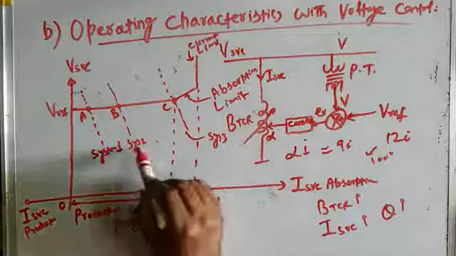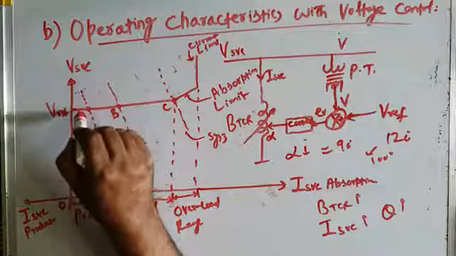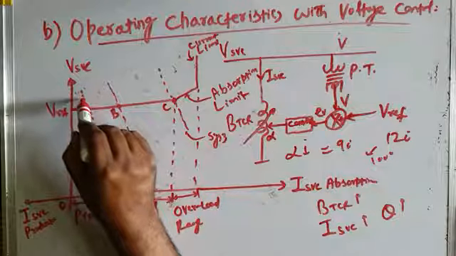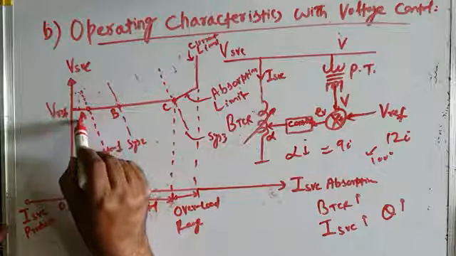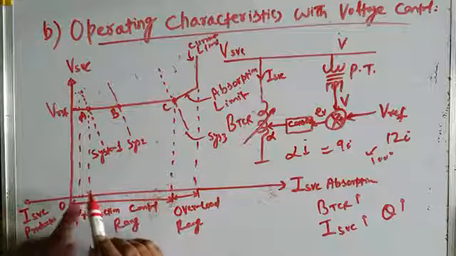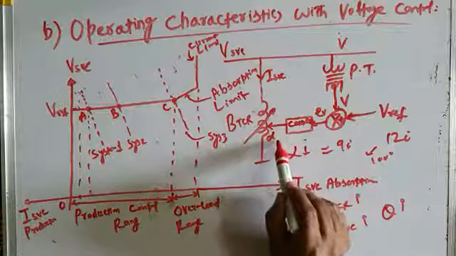On the other hand, you can see here the current drawn is this much. This is ISVC, and it moves in this direction. The current drawn at the operating point is this much, and it is greater than this current, because the controller adjusts the alpha in such a way.